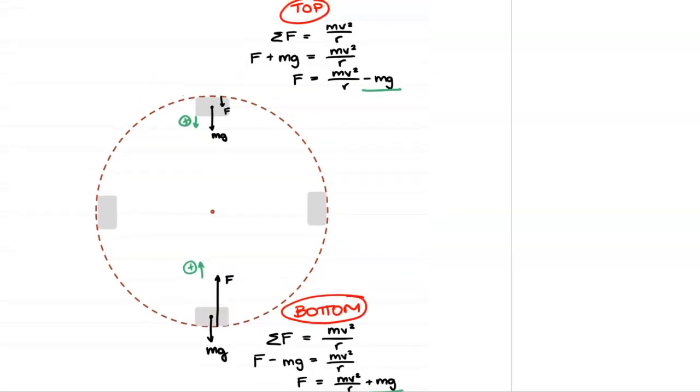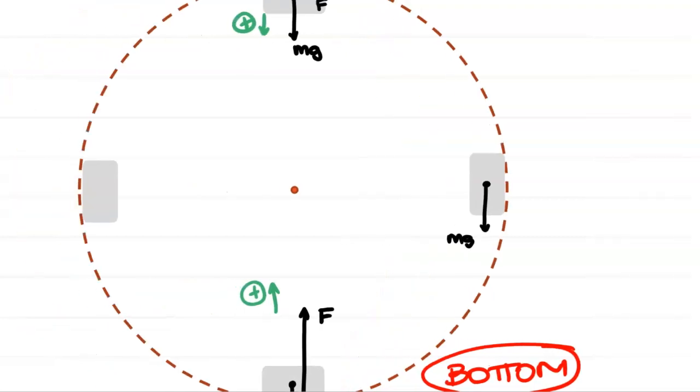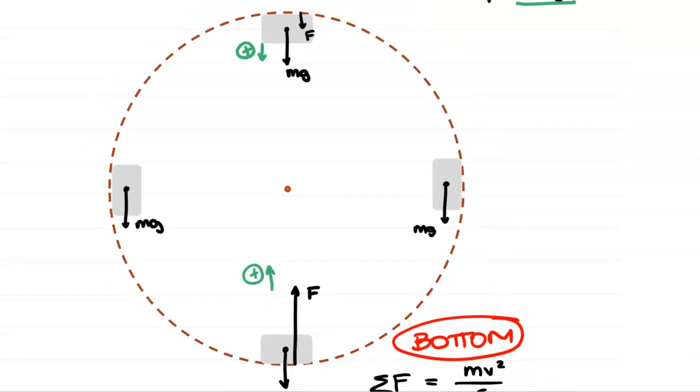Now, it's not on the course, but I did also want to briefly show you what's going on at the sides. We're still going to have mg acting downwards. Let's try and draw it the same length arrow as before. In this instance, the normal force, or the tension force, whatever force we've got acting depending on the situation, is going to be smaller than the one at the bottom, but larger than the one at the top, so somewhere in between.